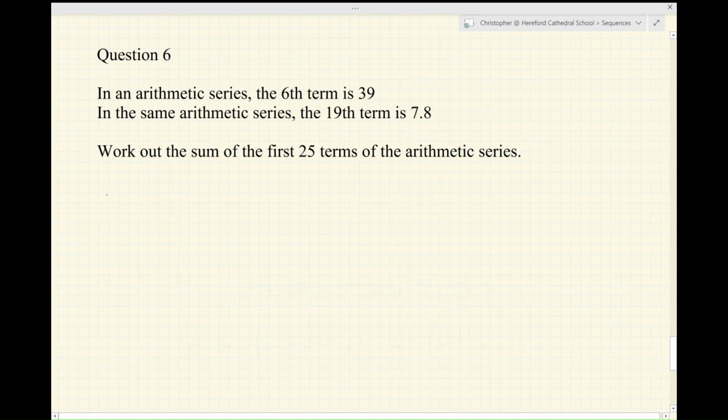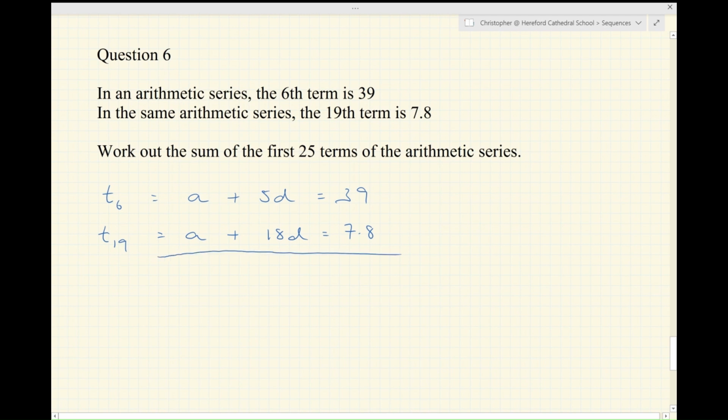Right, I'm told that the sixth term, which by the way is the first term plus 5 differences, equals 39. I'm told that the 19th term, which by the way is the first term plus 18 differences, equals 7.8. So I can solve these equations simultaneously.